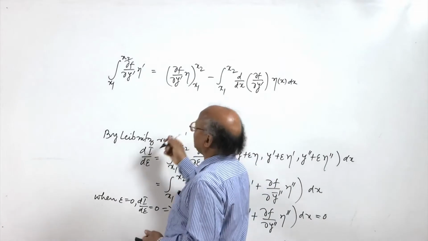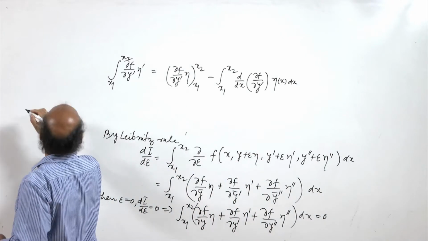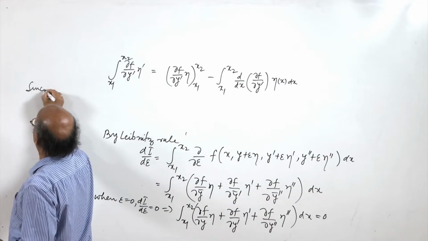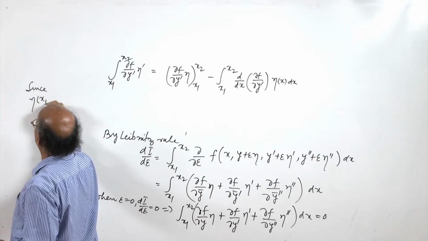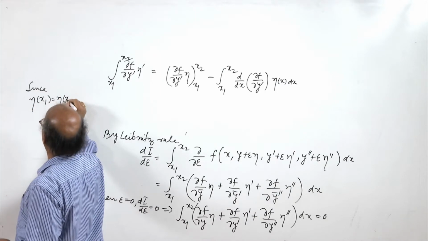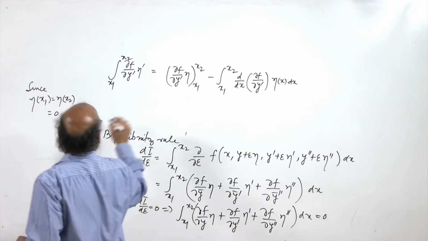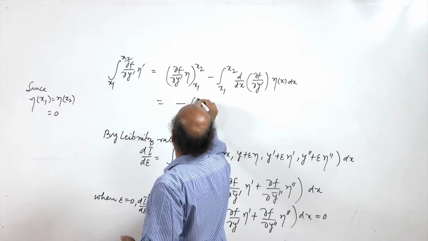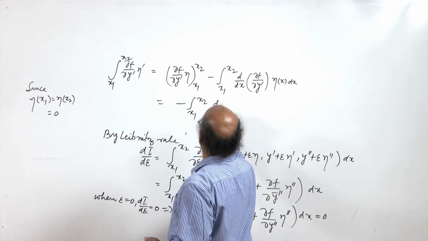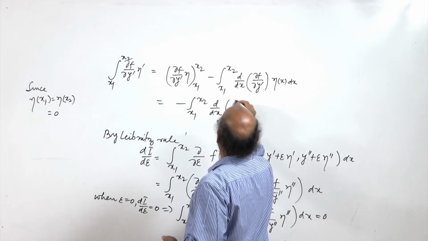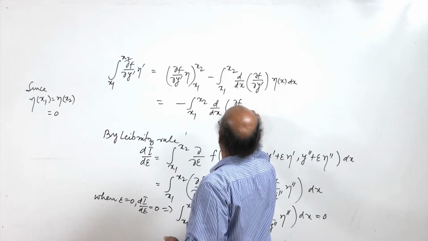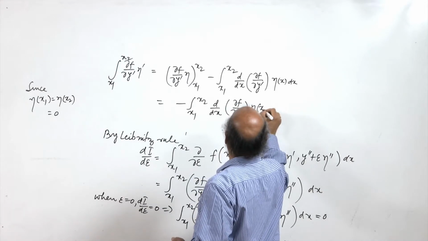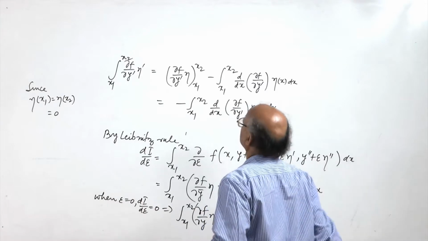Now we have assumed that eta(x) vanishes at x1 and x2, since eta(x1) is equal to eta(x2) is equal to 0, this term will be 0. So we will get minus the integral x1 to x2 of d over dx of this.